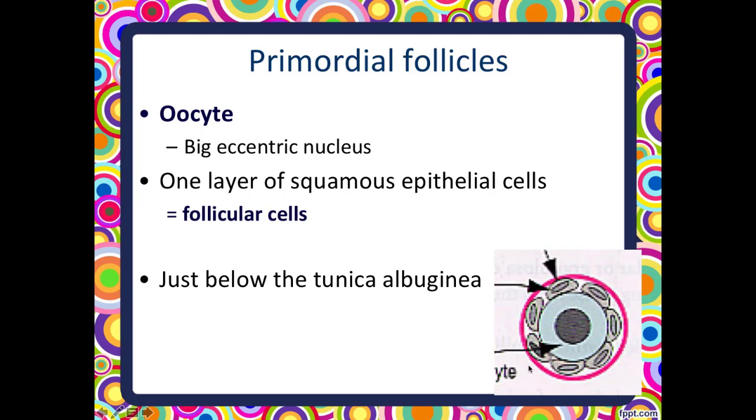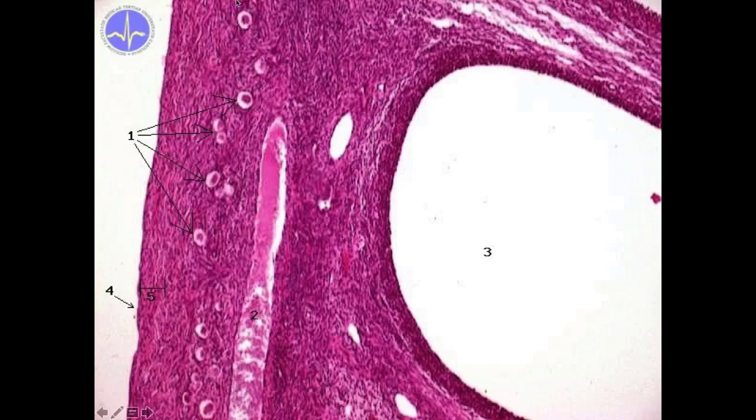So that's basal lamina, sometimes called the Slavjansky membrane. So this is primordial follicle. Usually we can find these follicles near the tunica albuginea, that means near the surface of the ovary, like that. So these are the primordial follicles with the oocyte within.